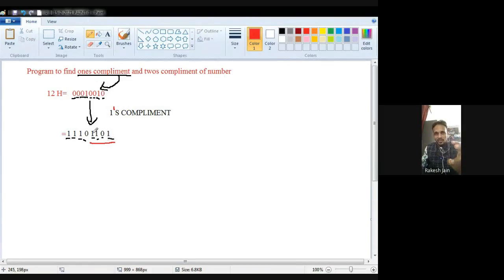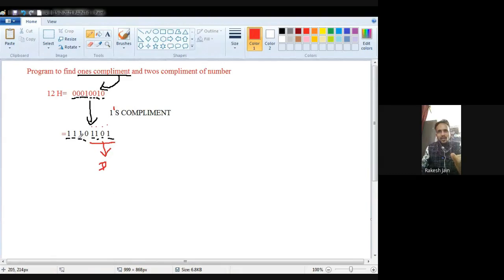By the 8421 format, this is 8 plus 4 is 12, plus 1 is 13. 13 is known as D.